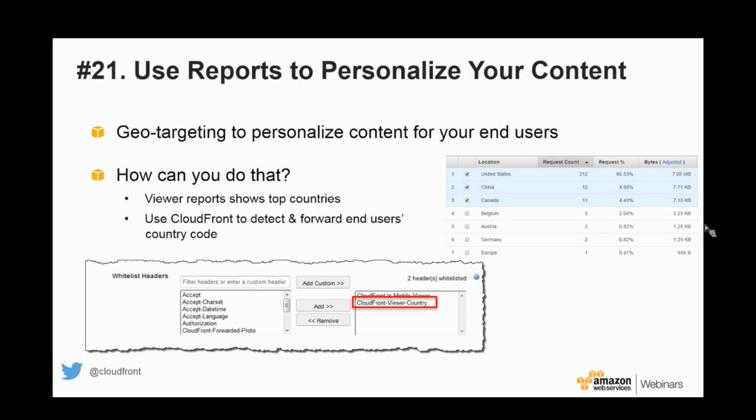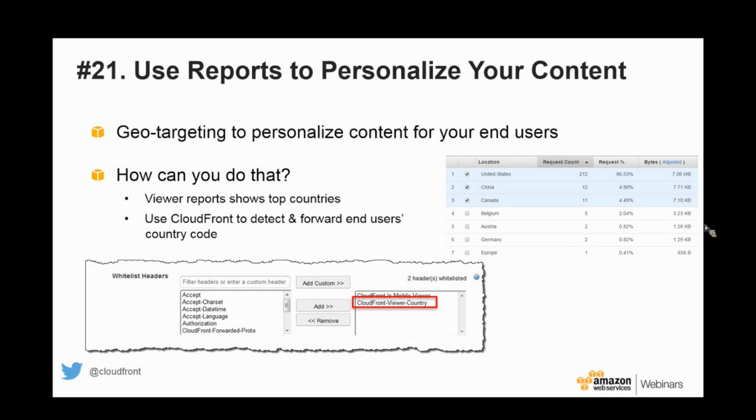So if you look at this chart, you see China is the second most visited, or viewers from China are the second highest category that are visiting your website. So you can consider creating a localized language version of your content, and the way you can vary that in the CloudFront cache without changing your URL.